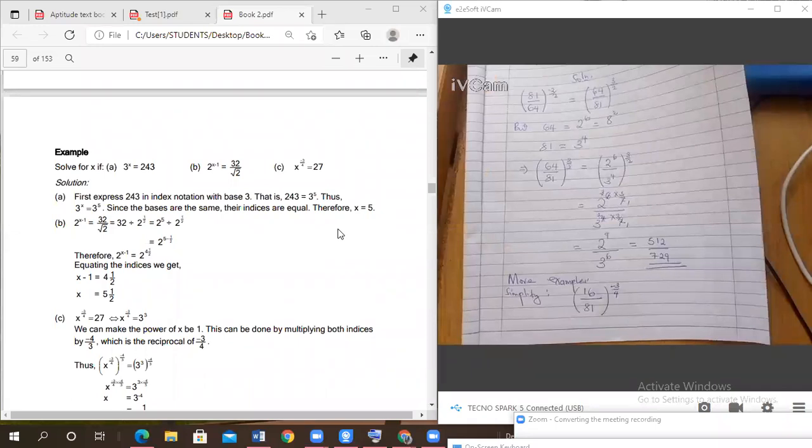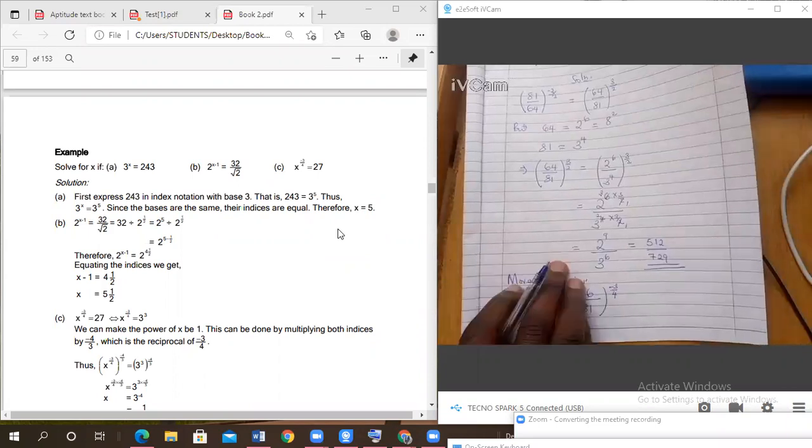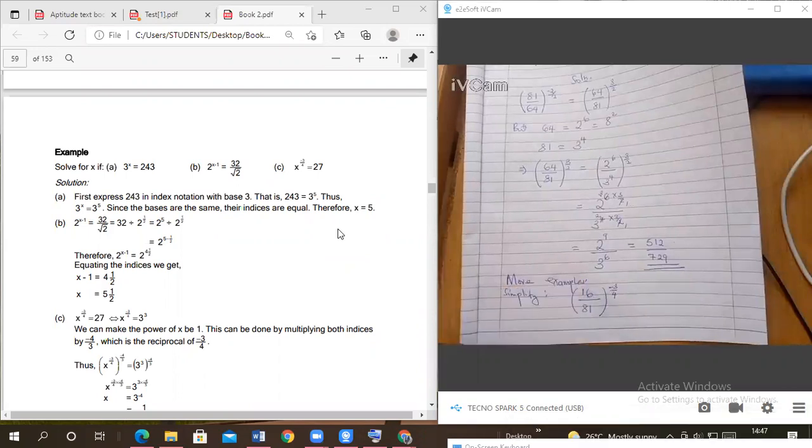What is 16? 16 is 2 to the power what to get 16? 2 to the power 4 gives 16.